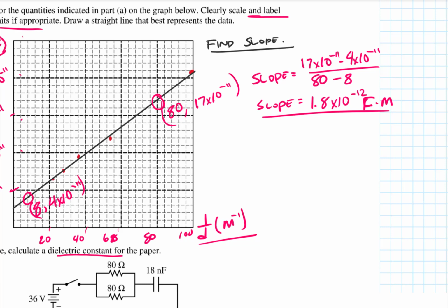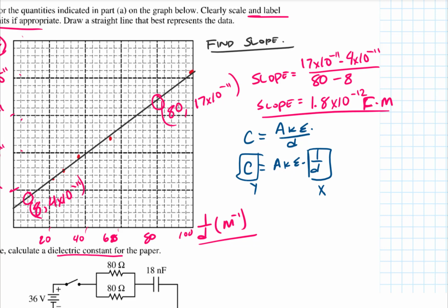So based on what we graphed, what we have is capacitance equals A times kappa times epsilon naught over D. So what I have is capacitance equals A kappa epsilon naught times 1 over D. Capacitance is my Y value, 1 over D is my X value, and all of this stuff is the slope.